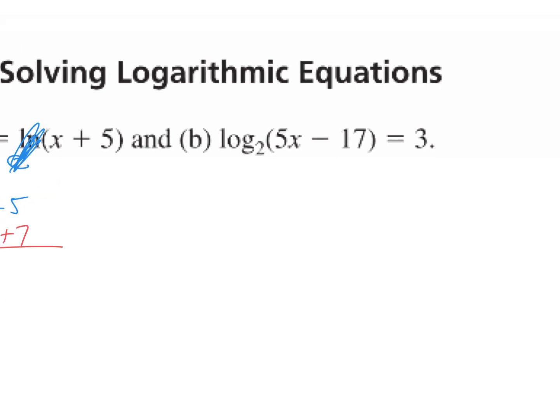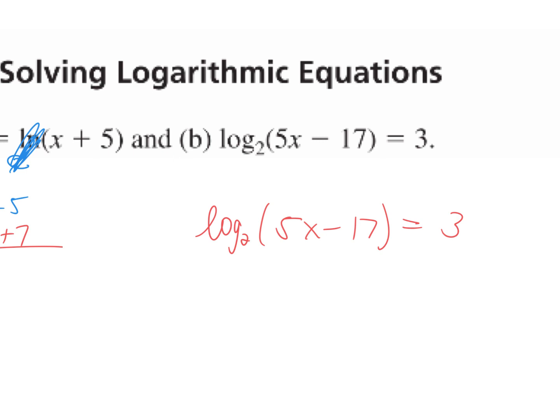Let's look at this one. All right, here's my equation. Log base 2 of 5x minus 17 equals 3. They don't have the same log on each side, so I can't just cross it off. So I say this is a logarithmic equation. What's the opposite of logarithmic?